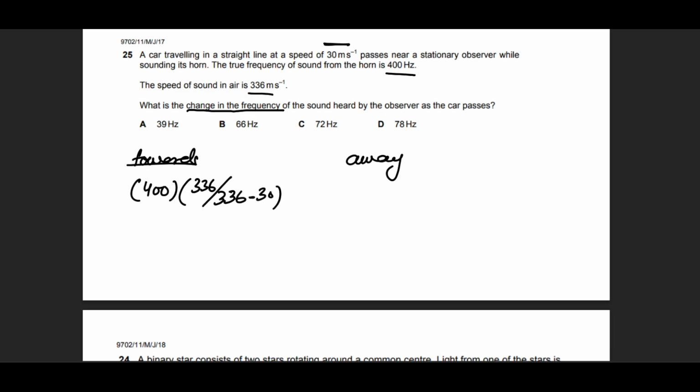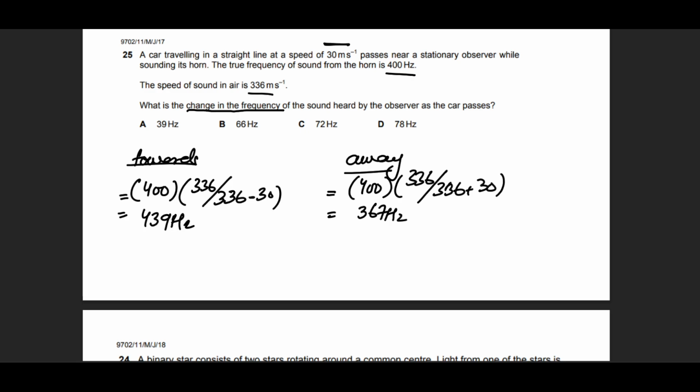And when it's moving away, we'll have 400 standard frequency, then 336 divided by 336 plus 30. When you solve both of them, for the first one you'll get 439 hertz, and this will be 367 hertz. So you found the frequency in both situations, right?